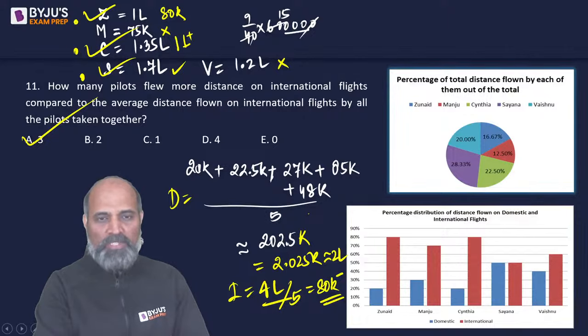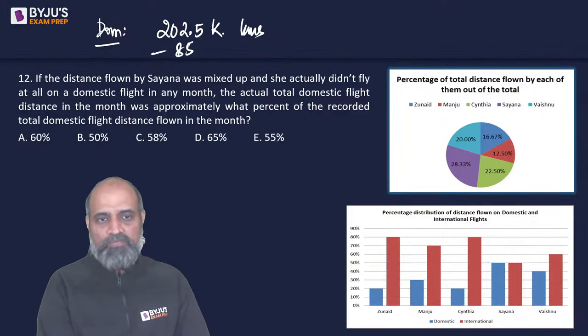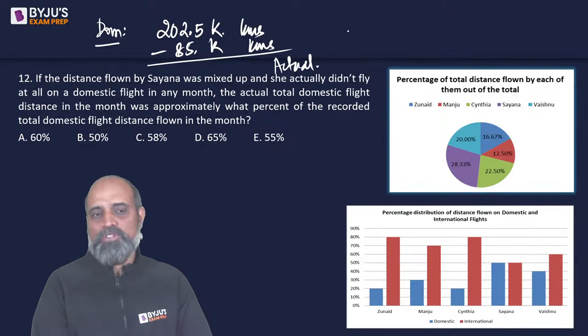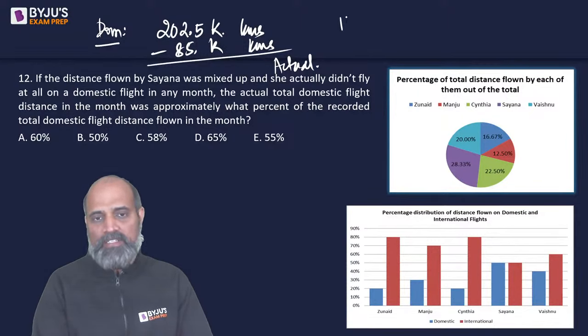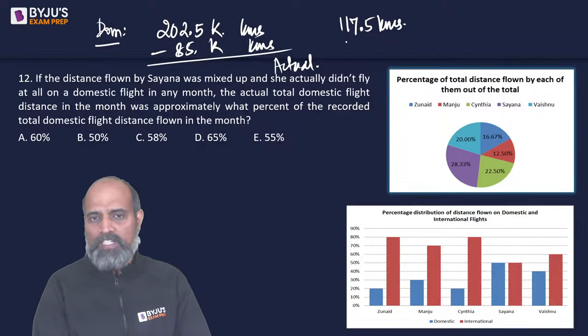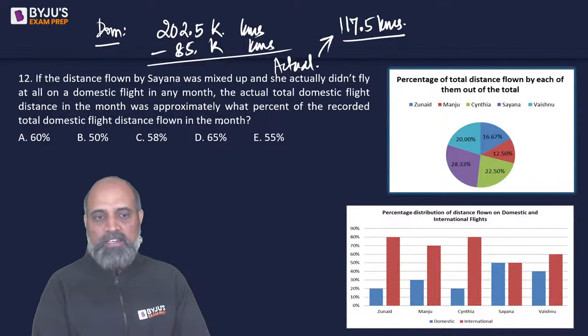So Sayana's domestic was 85,000. So the actual distance turned out to be, if we subtract, 117.5 kilometers. This is the actual domestic distance.